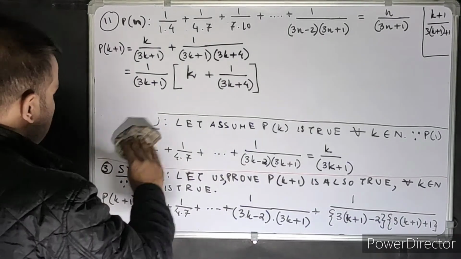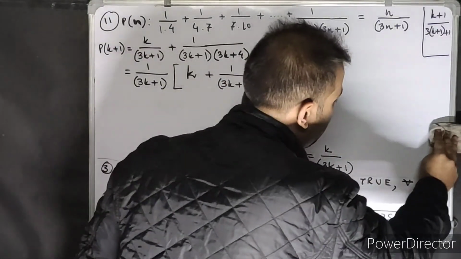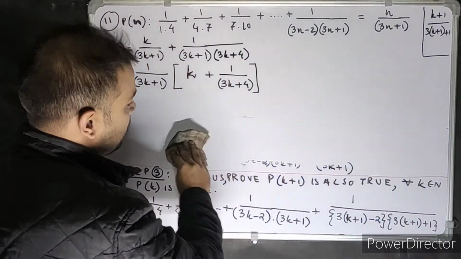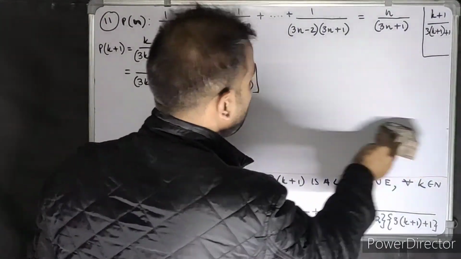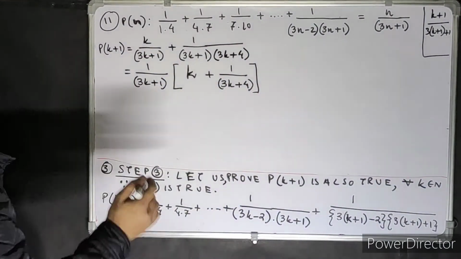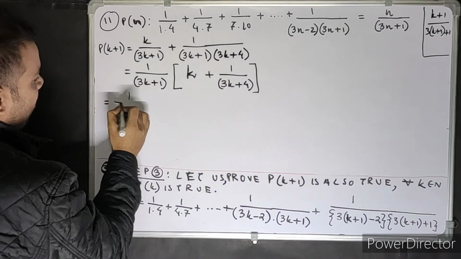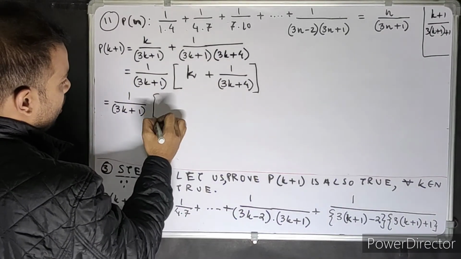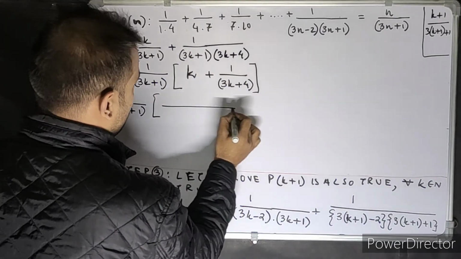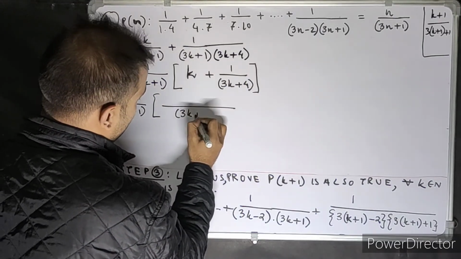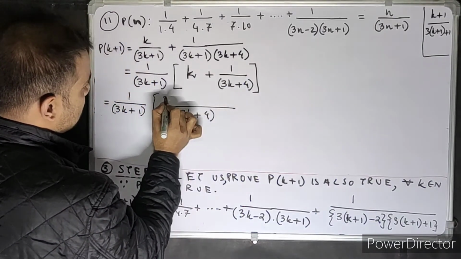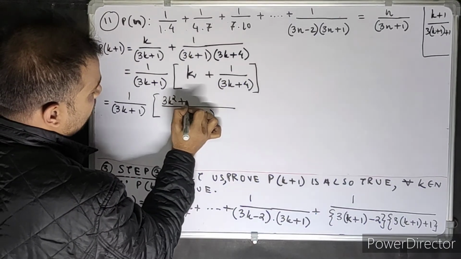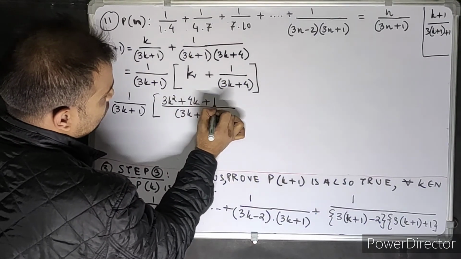Okay, so from here LCM, what is your LCM? 3k plus 4, right? Your LCM is 3k plus 4. So 1 divided by 3k plus 1 bracket, 3k plus 4, this is 3k square plus 4k plus 1.